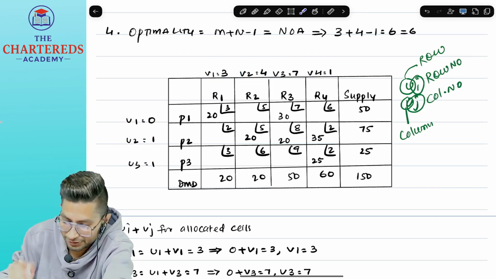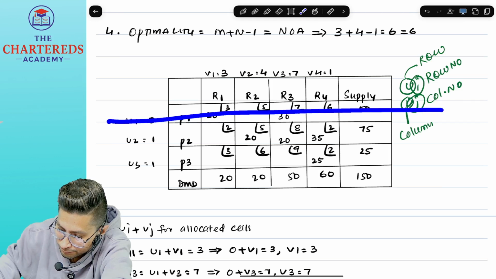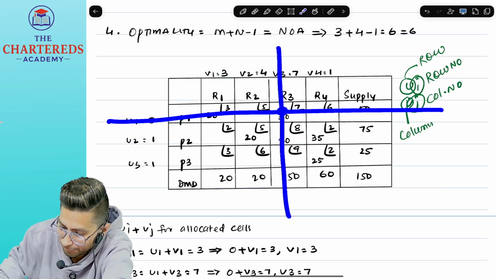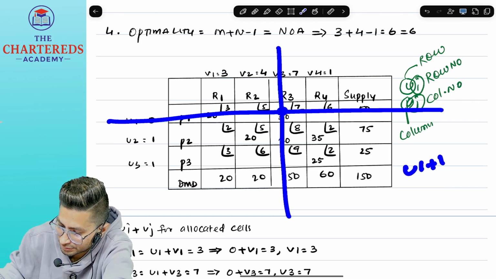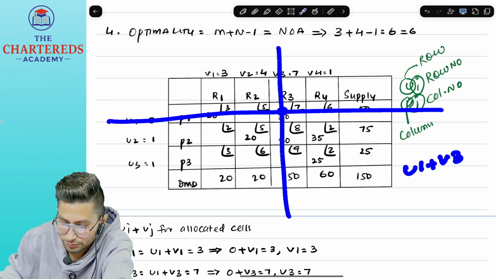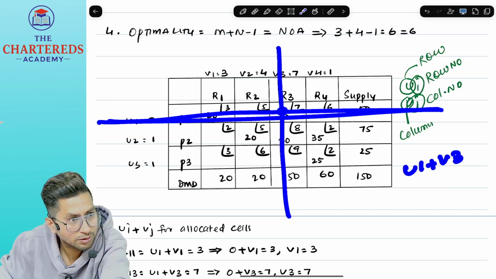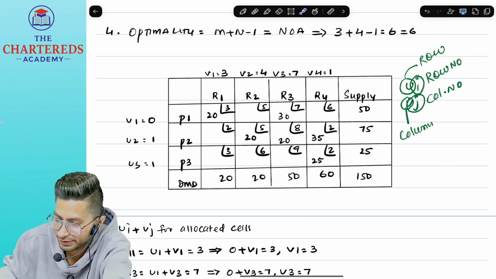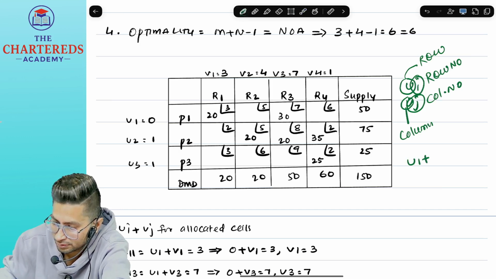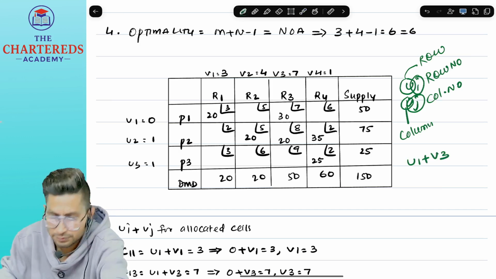Correct? Now an example. This center point I highlighted is U1 plus V3. Why? Because it is first row, third column. How do I write it? First row is U1, third column is V3.